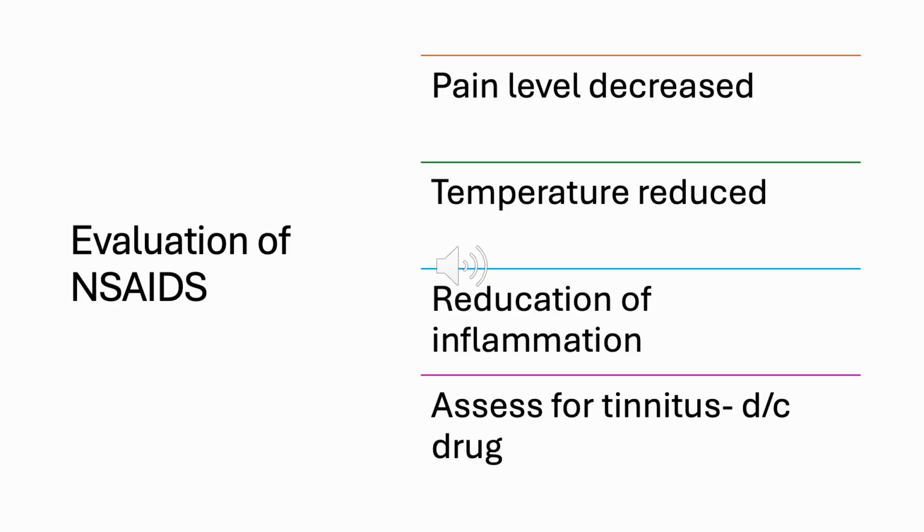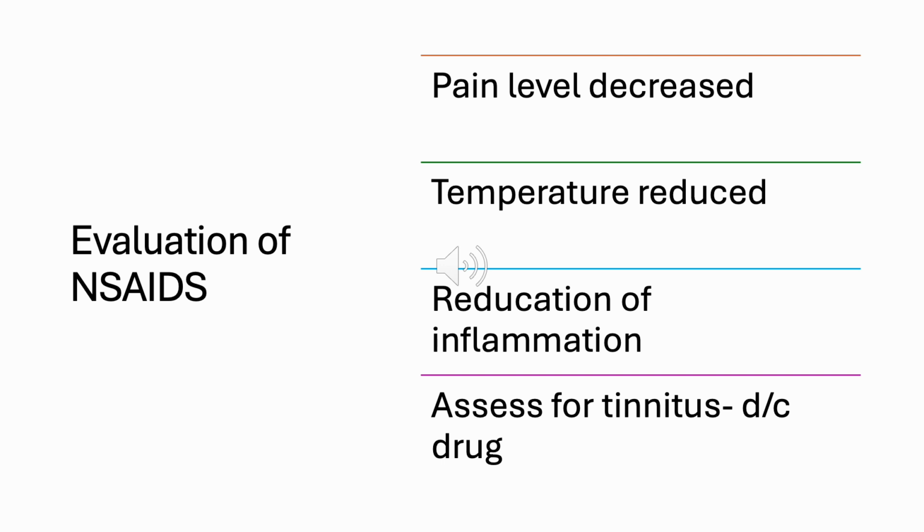In the evaluation part, monitor the patient to be sure that the symptoms are resolved. The pain level decreased, the temperature reduced. Pain typically decreases after administration of the drug. Reduction of inflammation may take as much as 1 to 2 weeks in some cases. The dosage should be reduced or the drug stopped if tinnitus, ringing in the ears, develops.